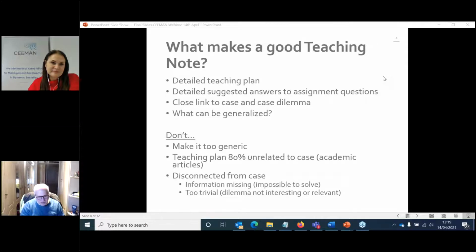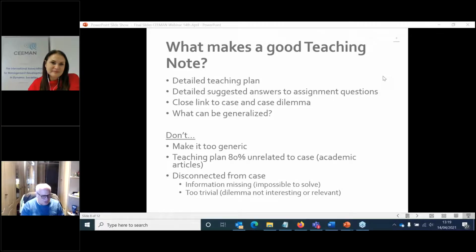I know my students will never read all of that. 80% of the session was designed based on the 6 academic articles. So basically, it was a discussion about academic articles with 5, 10, 15 minutes of case discussion added on. That's fine if you want to teach that way, but for a case journal and a case competition, it's not fine.